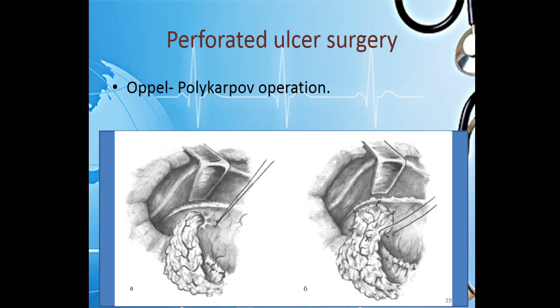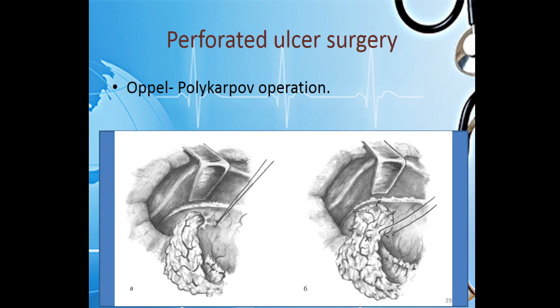One example of operation for a perforated ulcer is the open Polikarpov operation. We don't stitch or resect the ulcer, we tamponade it with omentum. We tamponade it with omentum and stitch this omentum around our ulcer. It's like a tampon, glues the hole and prevents movement of the stomach content, and treats our situation.